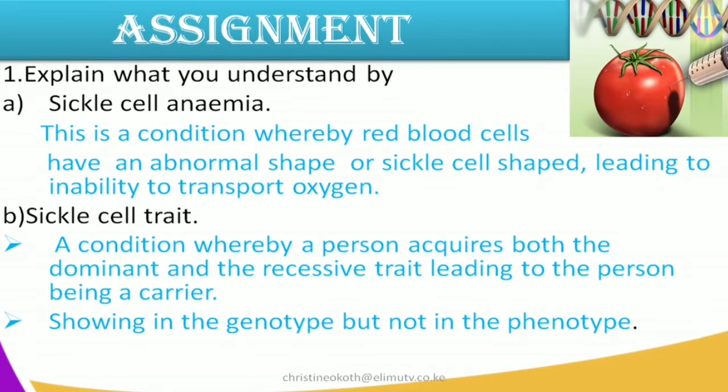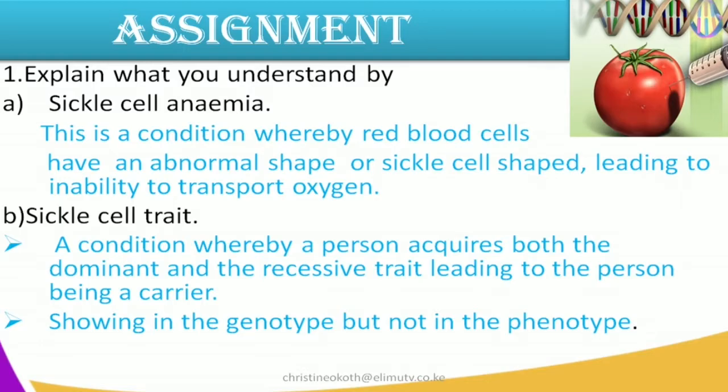To start off with the assignment, question number 1 was, explain what you understand by the term sickle cell anemia. In our previous lesson, we were discussing the sex-linked genes, and among them was sickle cell anemia. We had hemophilia, which is linked to the X chromosome. For the sex-linked genes linked to the Y chromosome, we had the hairy nose and the hairy ears.